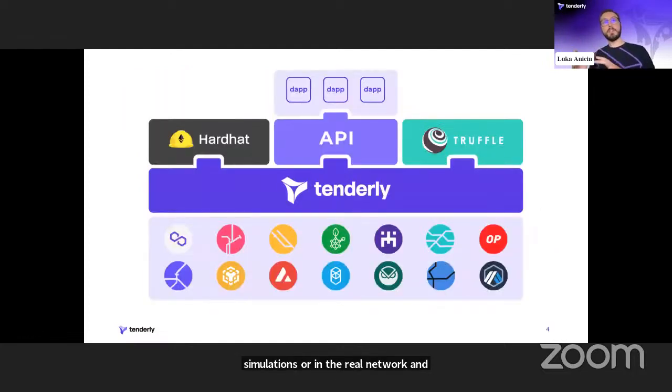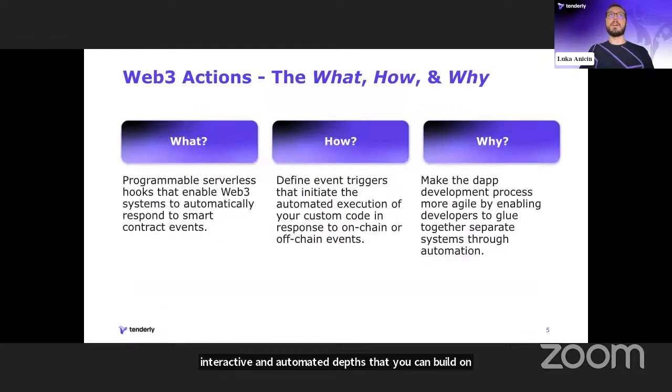And today we are going to talk about the infrastructure part, where Web3 actions come into play for building more interactive and automated dApps that you can build on and expand in the future. Cool. So Web3 actions, we created them as serverless pieces of code that you can run based on some event that can happen either on-chain or off-chain.